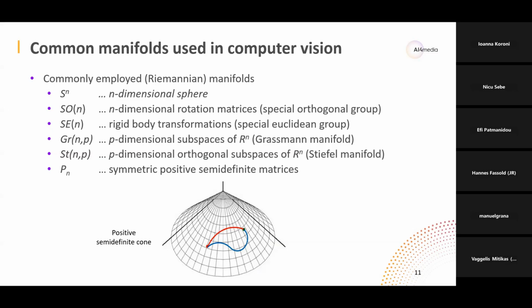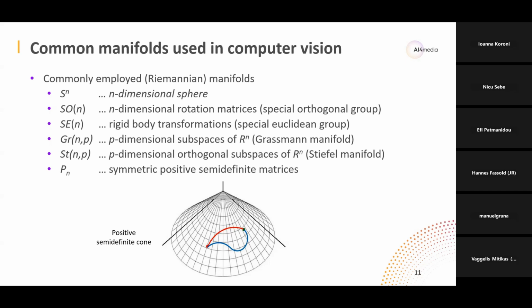And then you have this Stiefel manifold, which is also related somehow to the Grassmann manifold, which is the set of all orthonormal p-frames of Rn. So the p-dimensional orthogonal subspaces of Rn.